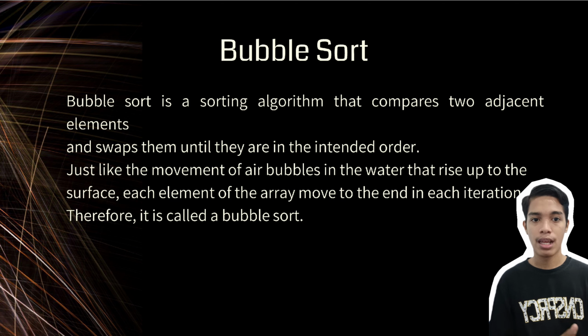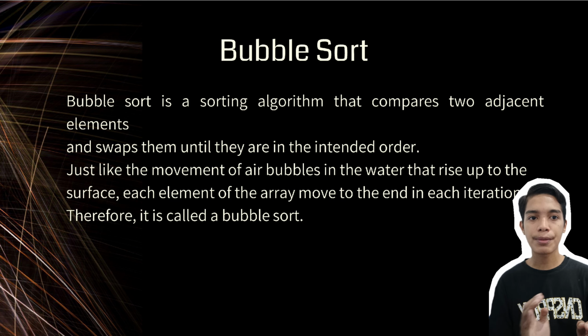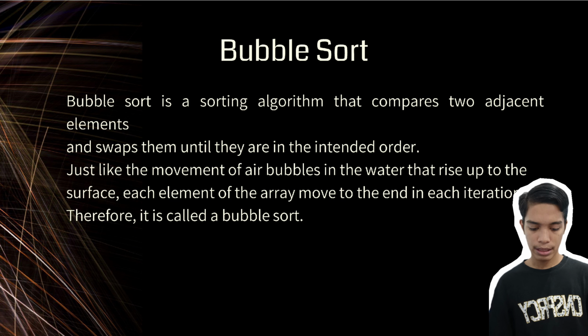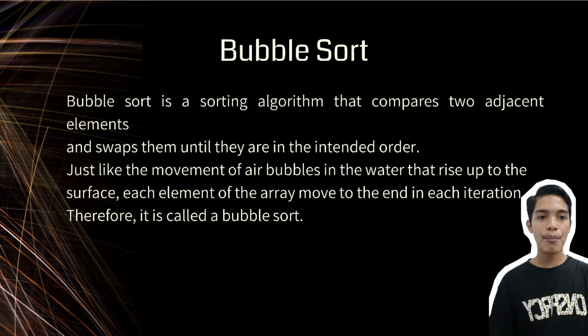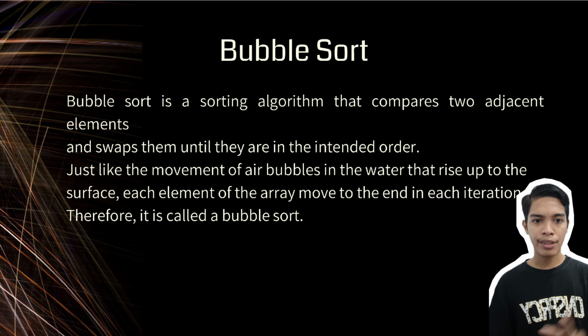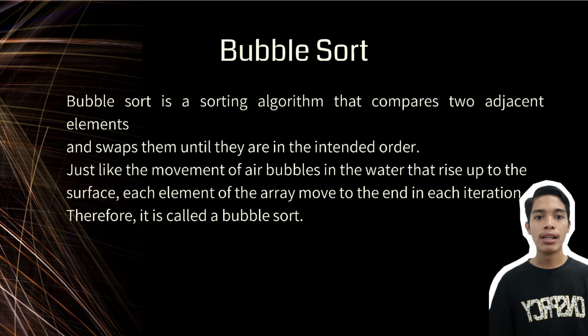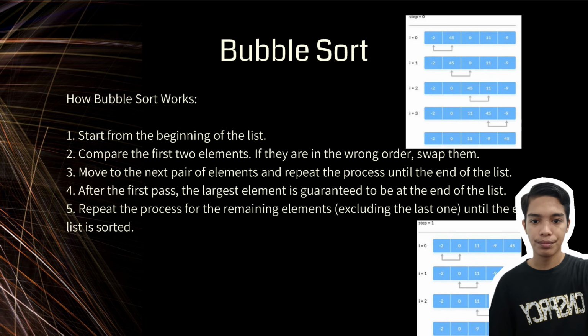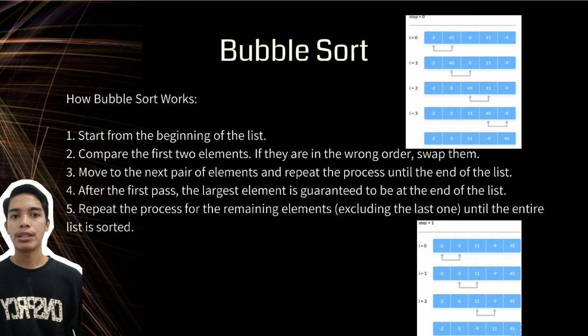Therefore, we call it bubble sort because it compares two adjacent elements and swaps them until they are in order, rising up through the iterations like bubbles. Next I will explain it.